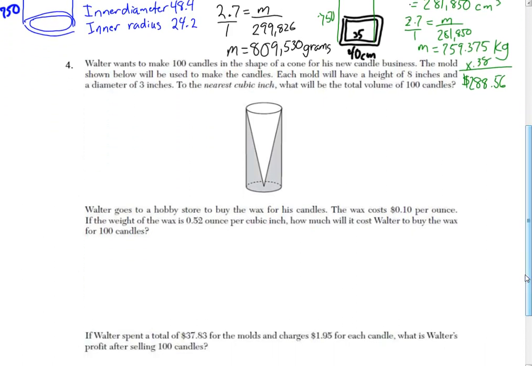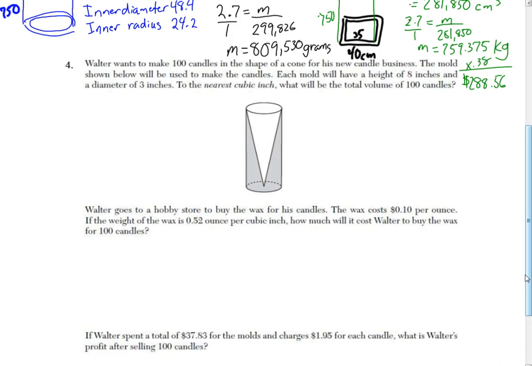All right, let's do one more here, and then we'll look at a population density question. So Walter wants to make 100 candles in the shape of a cone for his new candle business. The mold shown below will be used to make the candles. Each mold will have a height of 8 inches and a diameter of 3 inches.